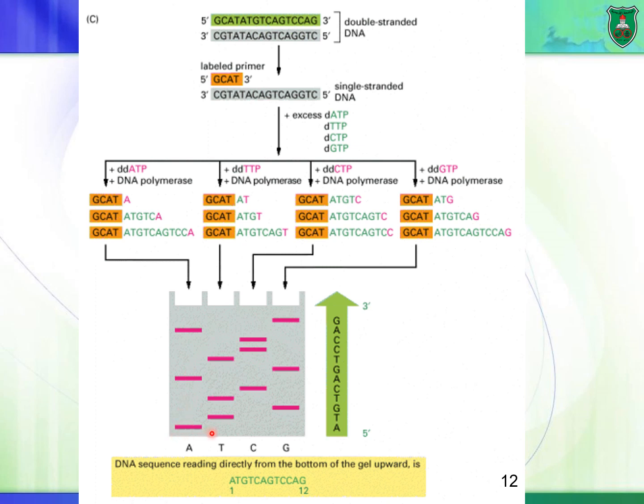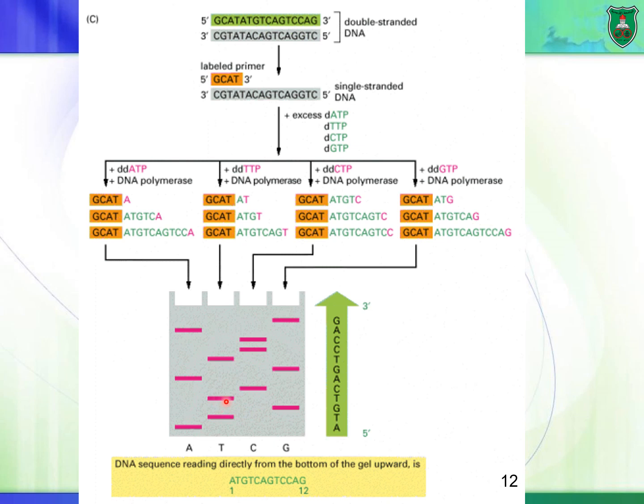So here we have this fragment. This is the shortest one right here. Now, since it appears in this lane, I know that it's terminated at A. This one here is the second. Well, this is, let's say, whatever long DNA. This is longer by one nucleotide. This is longer by another nucleotide.